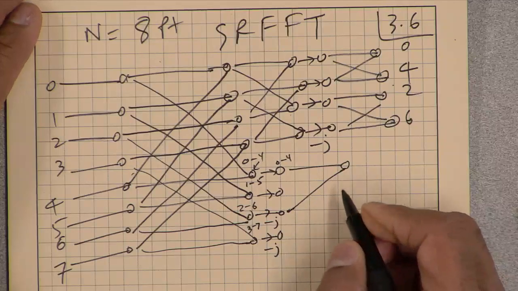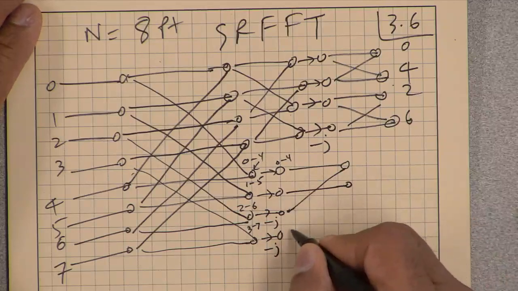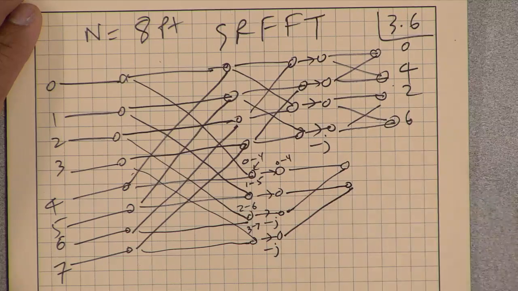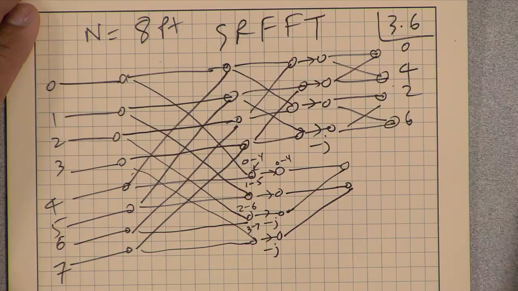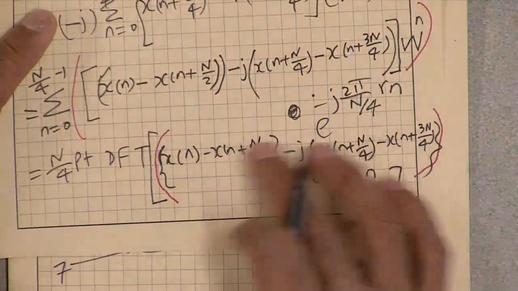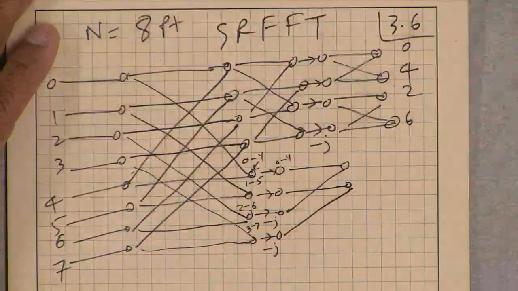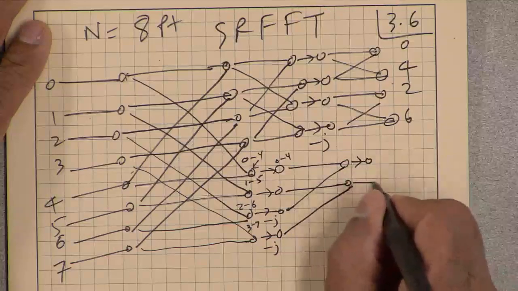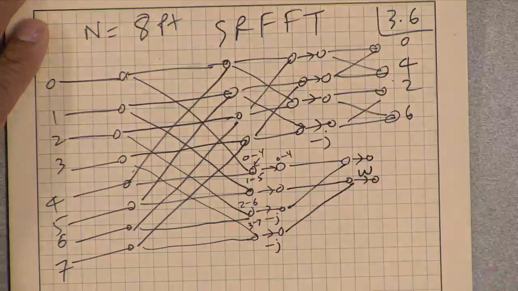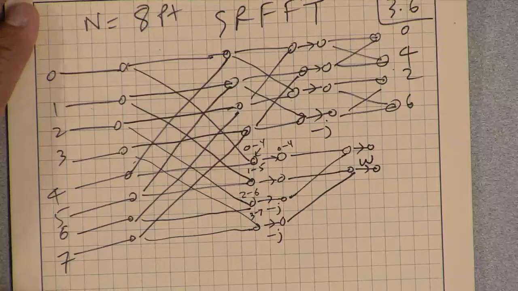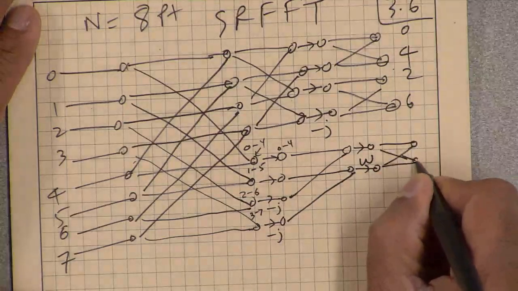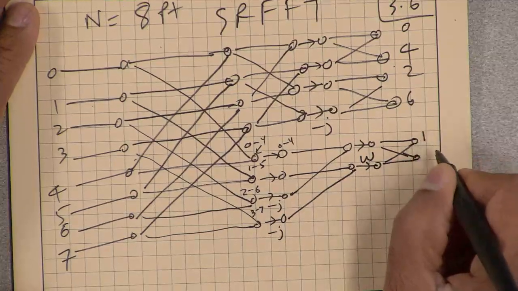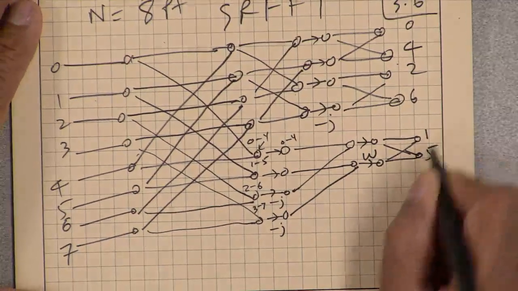So that is that butterfly, that quantity, and this is the other quantity, n equal to 1. And then we are going to multiply this whole thing by W to the power n, so that's W to the power 0, which is 1. And then take the 2-point DFT, the butterfly, and that's going to be X4r plus 1.